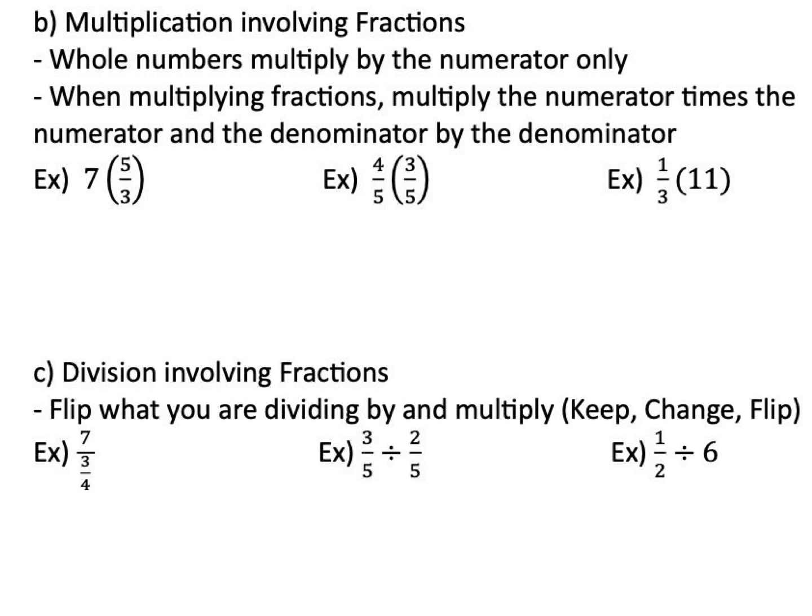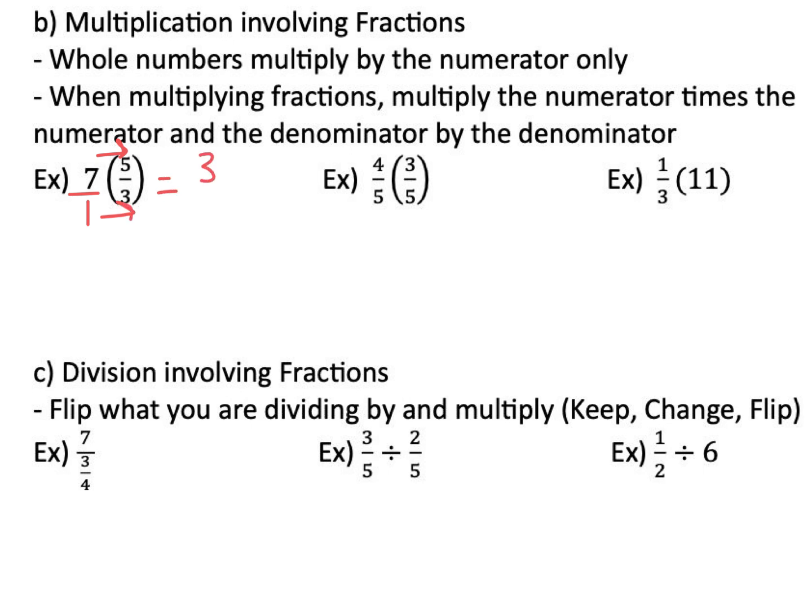So remember, when we multiply fractions, whole numbers, we can put a 1 underneath. So like on this first example, we can put a 1 underneath our 7. And then we're going to do top times top, bottom times bottom. Now you have a calculator, so this is not that big a deal.